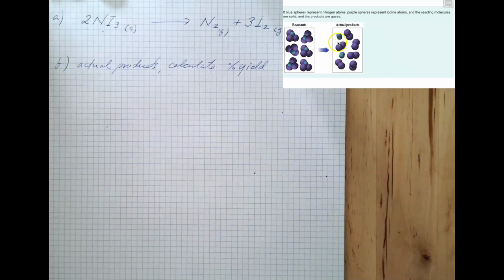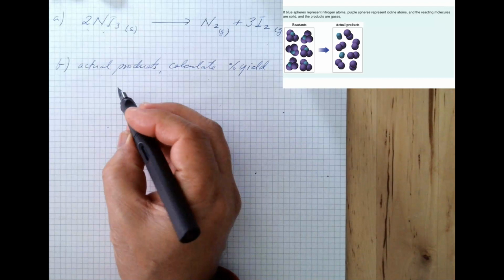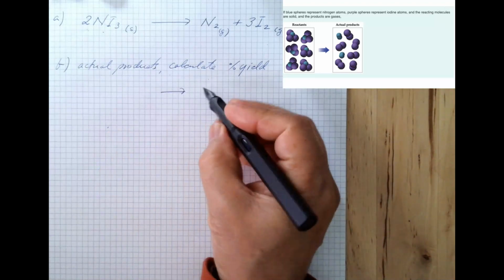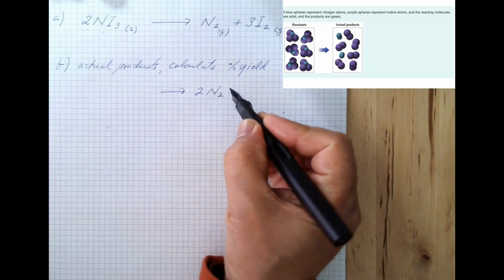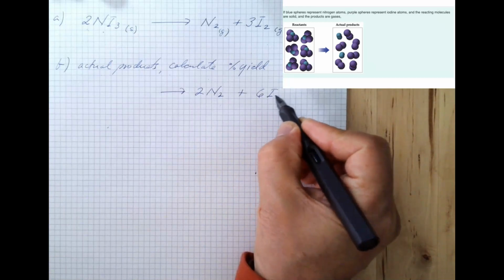And then it has 1 and 2 nitrogens, 2 N2s. So with that, we need to do a calculation of the percent yield. So if we look at the diagram of the products, we can write that we have 2 N2s plus 6 I2s.